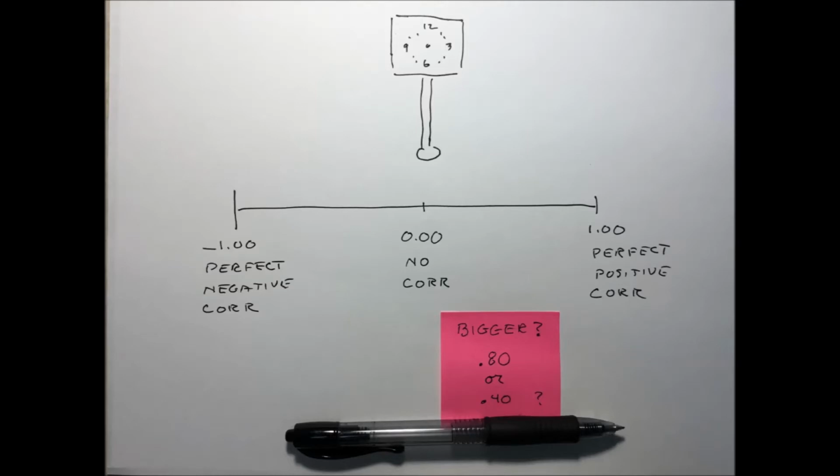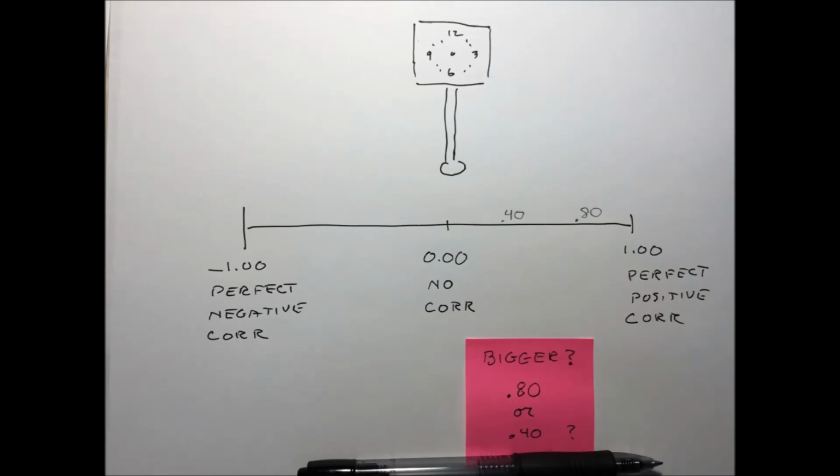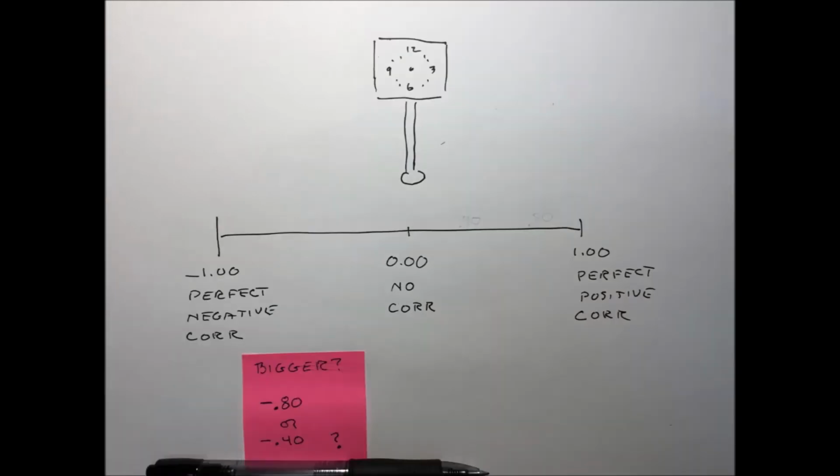Here's an easy problem you might run into sometime. You're trying to figure out which of two correlations is bigger, 0.80 or 0.40. On paper, you could make a mark where 0.40 and 0.80 are and figure this one out. Or you could do it in your mind by visualizing this. This is an easy one. Let's try a harder one.